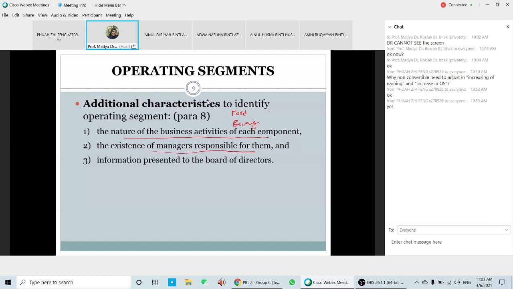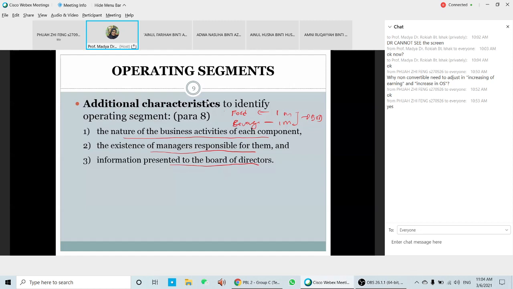The food section has one manager, and the beverage section has another, separate manager. All this information is presented by the managers to the board of directors. So these are the criteria for whether something is an operating segment or not.